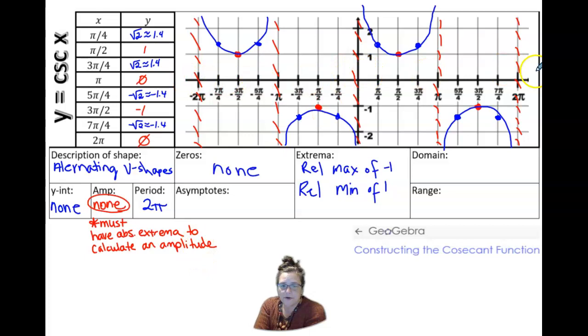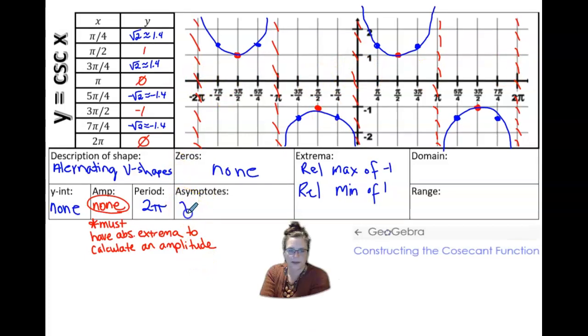And our asymptotes are occurring at x equals, and the first asymptote is here at 0, so we'll start with the plus or minus pi, that's our interval between the asymptotes, times some integer k. So we're going to specify that k is an element of the integers, so we know that we have to go full increments of pi to reach the next asymptote.